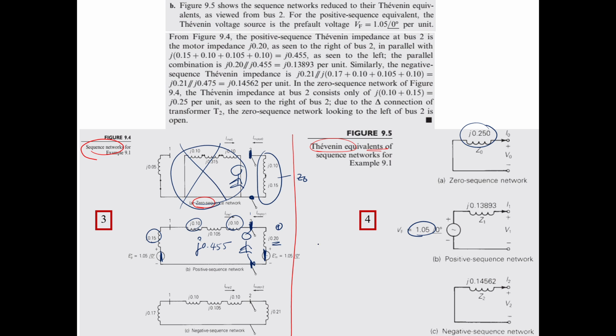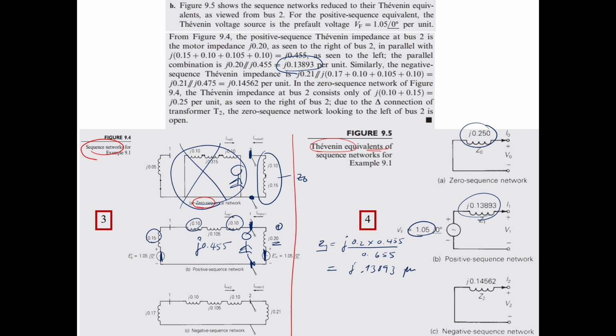So your Z1 becomes J times the parallel of these two: 0.2 multiplied by 0.455 divided by 0.655. After doing the calculation, hopefully you will get J0.1389, J0.13893 in per unit.